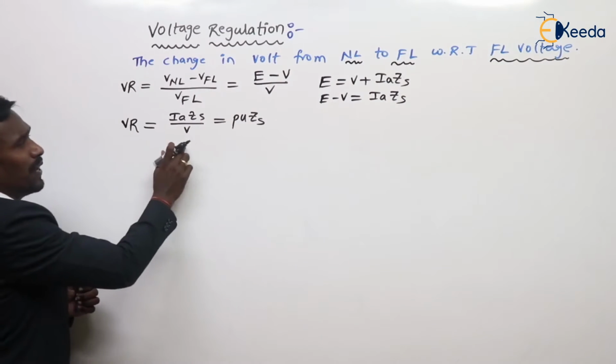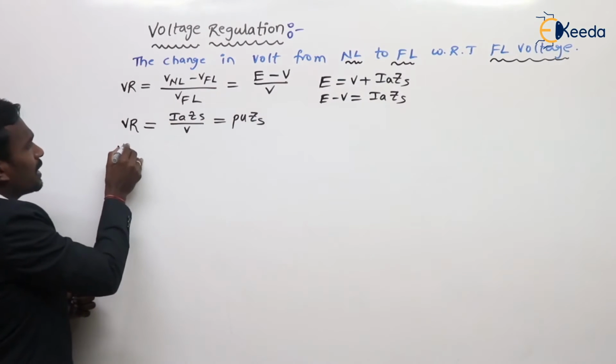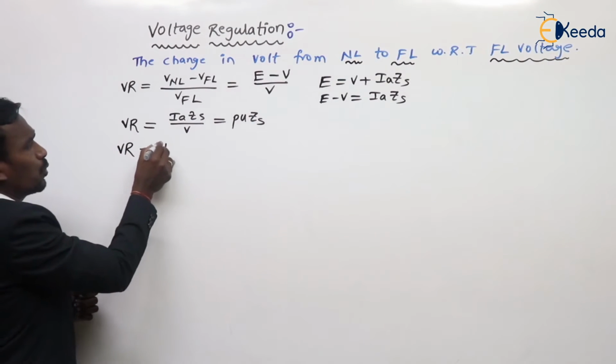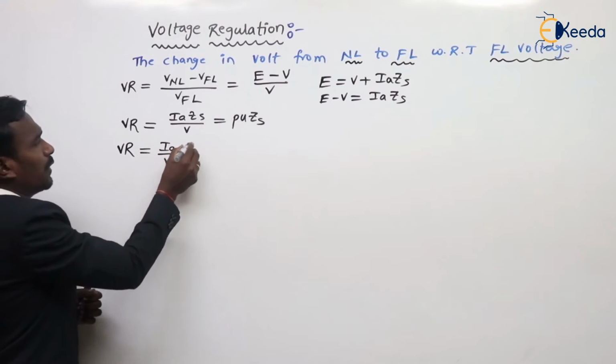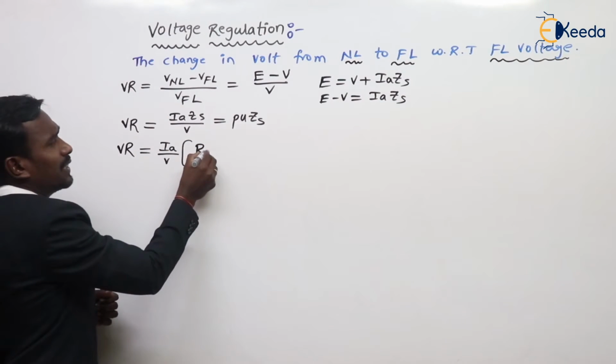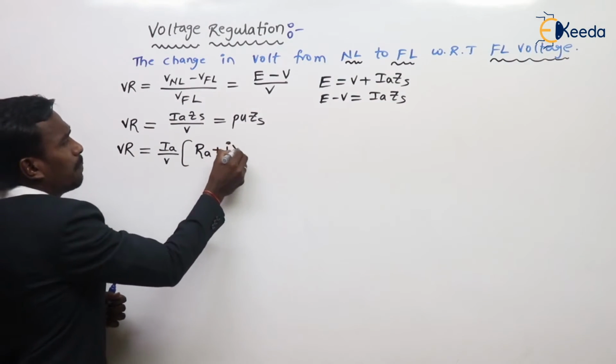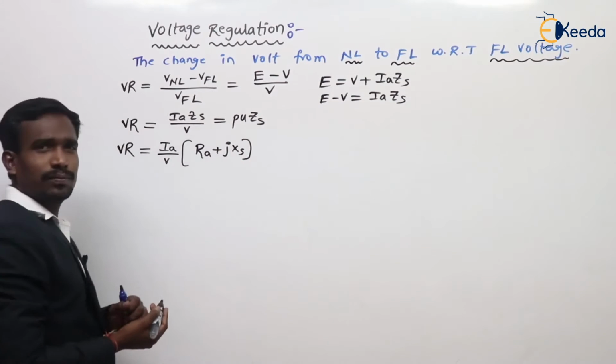See here, I am simplifying this one. Voltage regulation is equal to IA upon V of ZS. ZS is nothing but RA plus jXS.